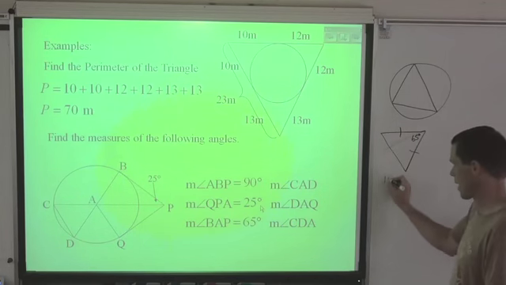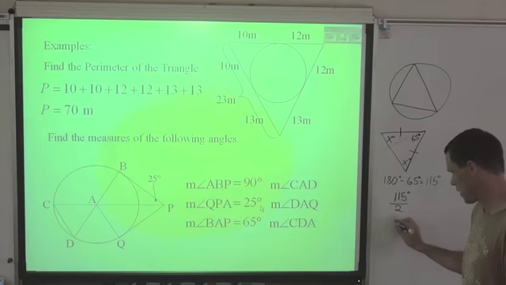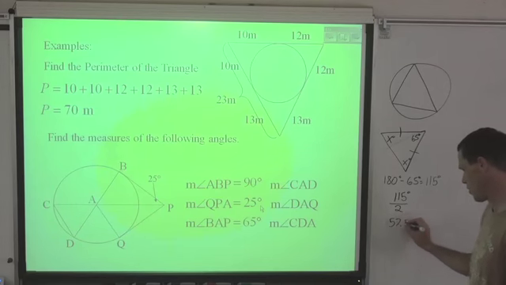So I can take my 180 degrees, subtract 65, giving me the 115 degrees that are left, and then I can take 115 and divide by 2, because these two angles have to be congruent. And if we divide that by 2, we end up with 57.5 degrees.